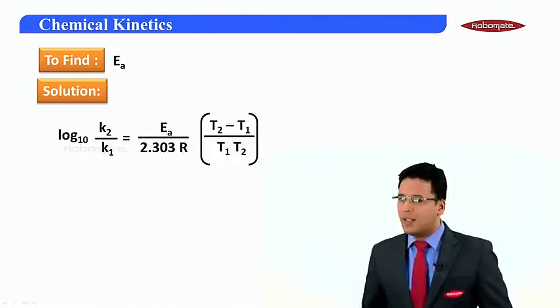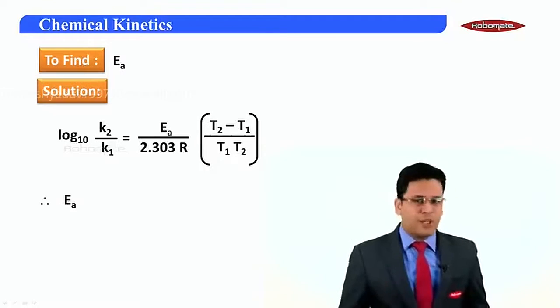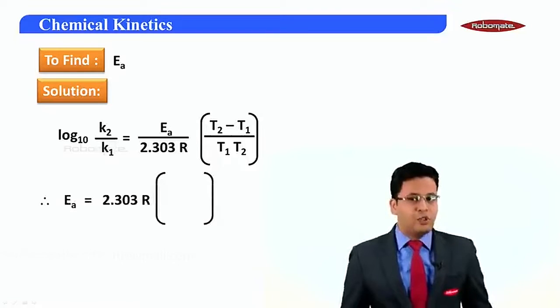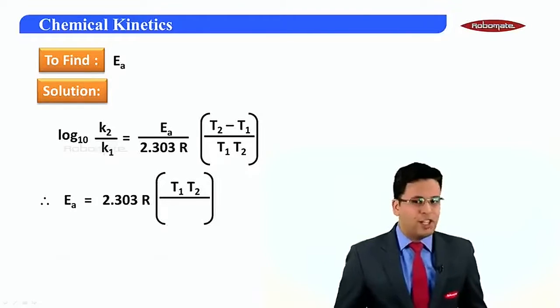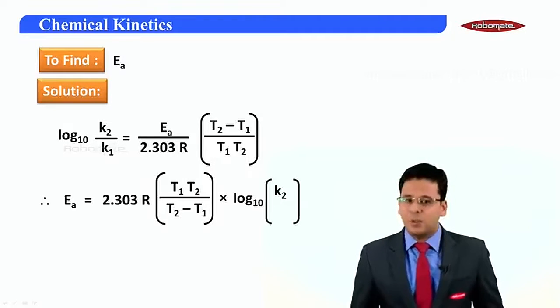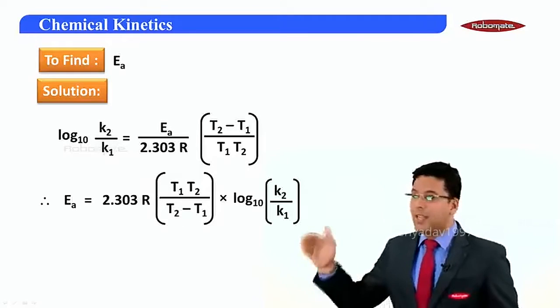So once again, let's write down the formula in terms of EA. So EA is equal to 2.303 R into T1 T2 upon T2 minus T1 into log of K2 upon K1. So this is the formula in terms of EA.